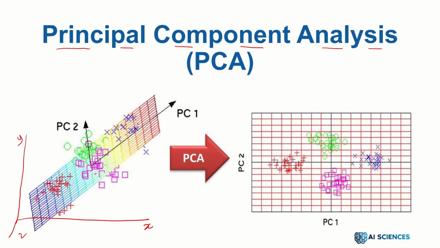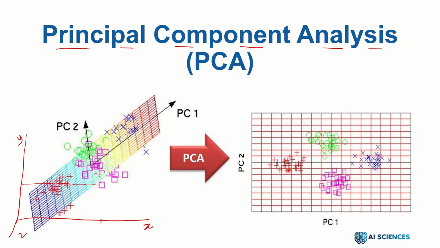All these data points, for example this purple data point, have 3 coordinates. The X coordinate is the projection of this point on the x-axis. The Y coordinate of this particular point is the projection of this point on the Y-axis.